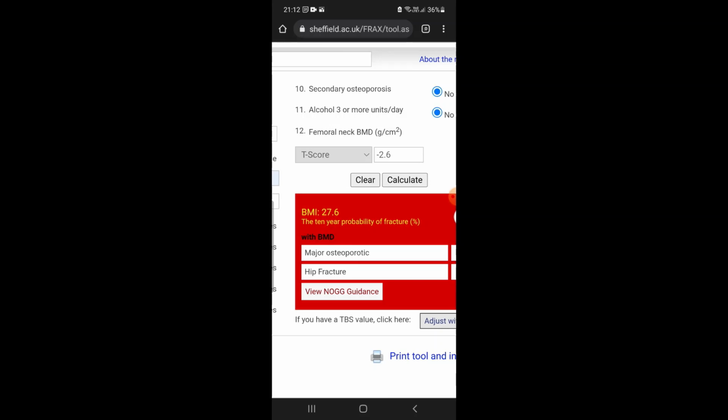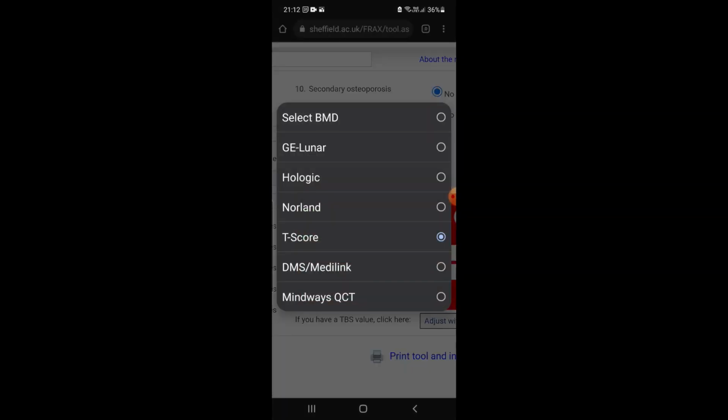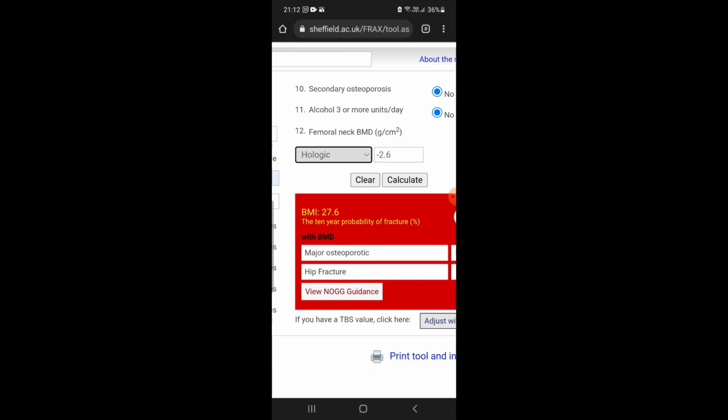If we want to be more precise, we can enter the exact BMD measurement of the hip, not the spine, and we must state which equipment was used. Say it was Hologic in this case.